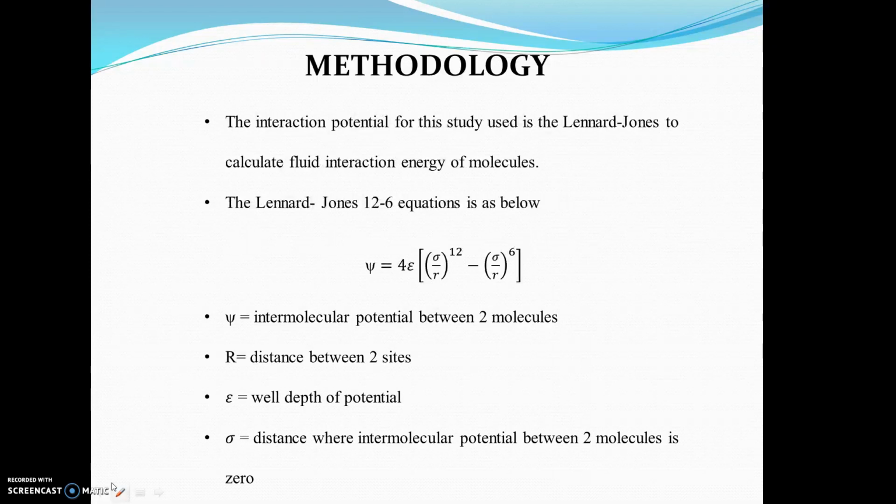Now for the interaction potential of the molecule model, we chose to use the Lennard-Jones interaction potential. The Lennard-Jones equation is as below, whereby psi equals 4 epsilon times sigma over R to the power 12 minus sigma over R to the power 6. That is why we call it the Lennard-Jones 12-6 equation.